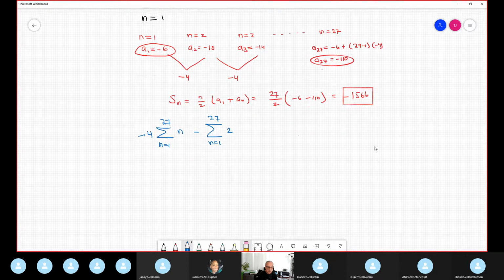In this case is negative 4 times 27 multiplication by 28 divided by 2, minus, entonces this is 2 times 27. Let me try my calculator. My calculator is 2 times 27 times 28.